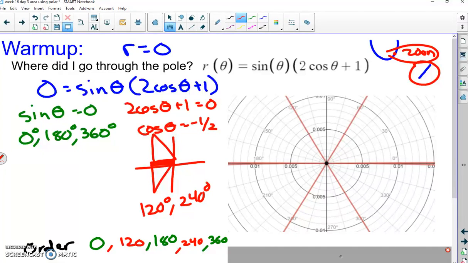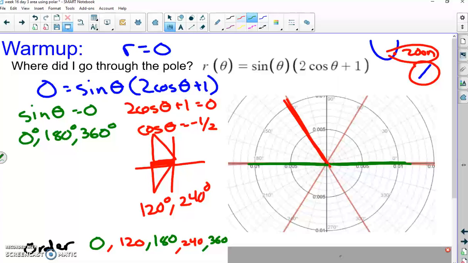So let's see if I'm right. I told you it's going to have an exit strategy at 0. Does it? Look at my order, 0. Where else does it happen? 120. Do you see this line at 120? And then I have one at 180.